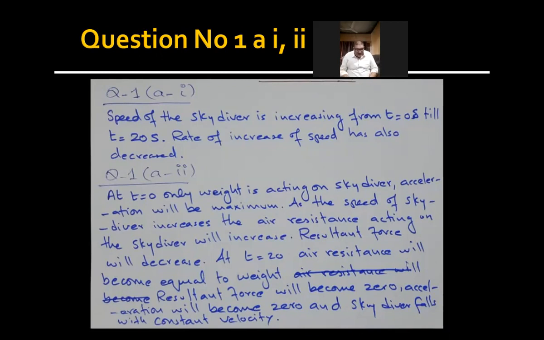As the speed of the skydiver increases, the air resistance acting on the skydiver will increase. Resultant force will decrease. At t equals 20, air resistance will become equal to weight. Resultant force will become 0, acceleration will become 0, and the skydiver falls with a constant velocity.